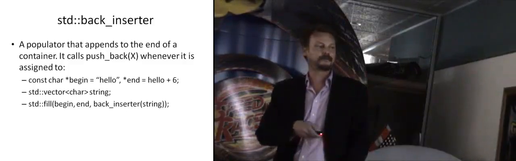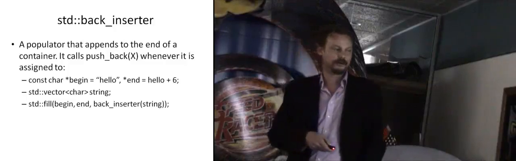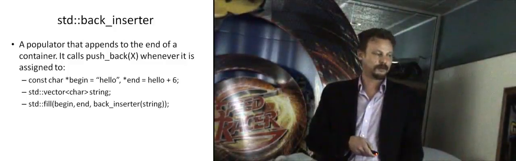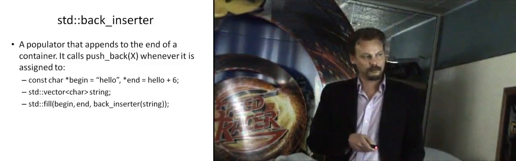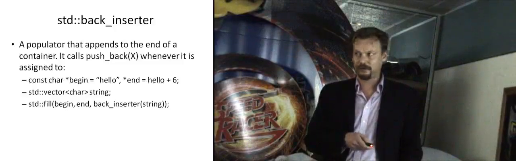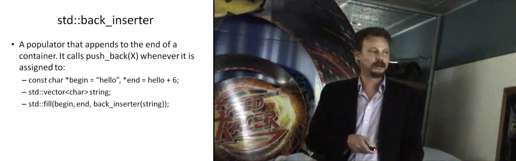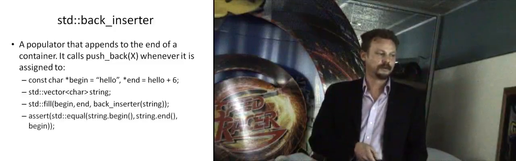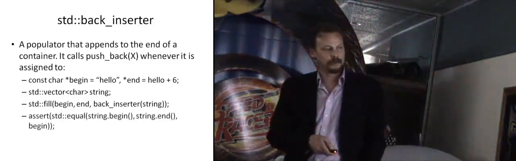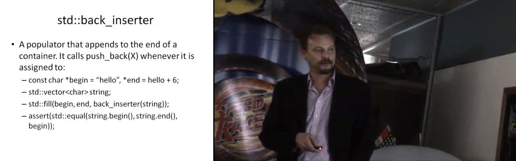That will go through this container of chars, which is represented as a string literal in C++, and call push_back on this vector. And it'll end up with string begin to string end, which is the full range of this container, equivalent to this container represented by that string literal.